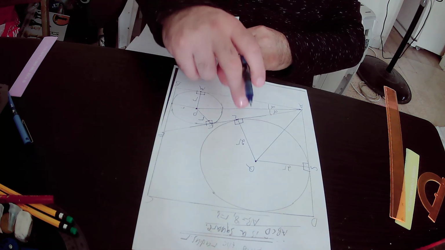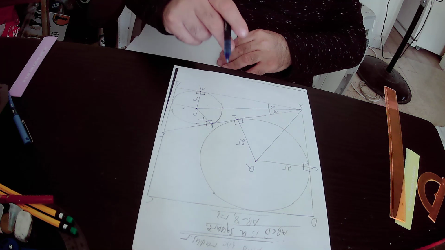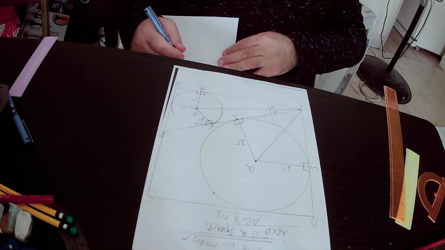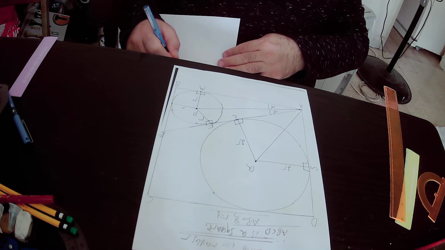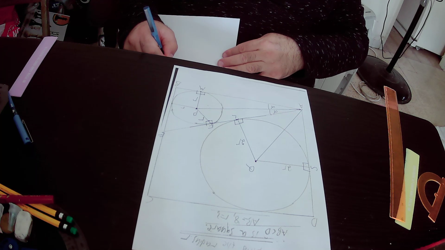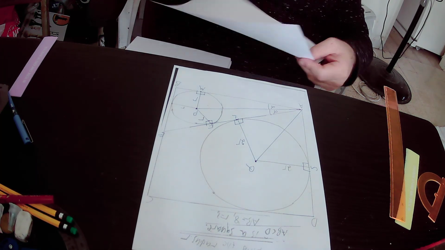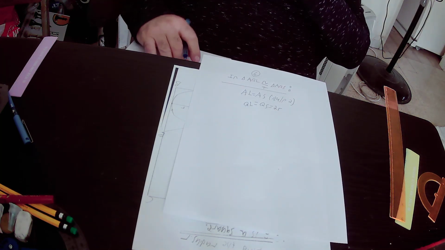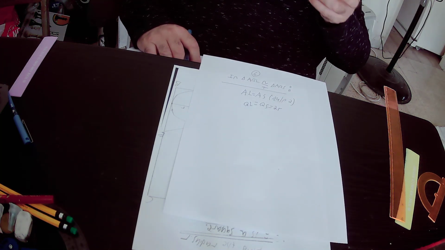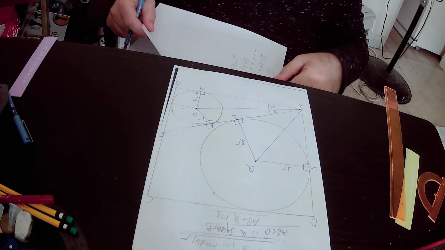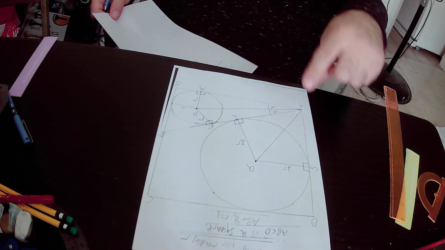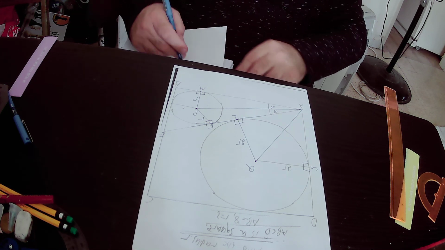And we also know that QL equals QS equals the radius of the big circle, that is to say 2R. Again, QL equals QS equals the radius of the big circle, that is 2R. And we also have a common side. QA is a common side. It belongs to both right triangles.